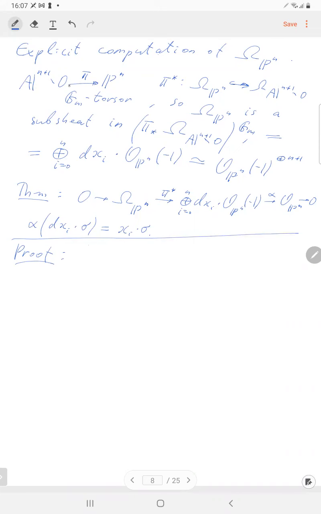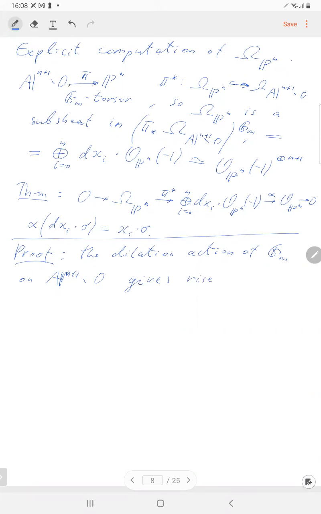Okay, so let's prove this. The dilation action of the multiplicative group on the punctured affine space gives rise to the action of its Lie algebra.